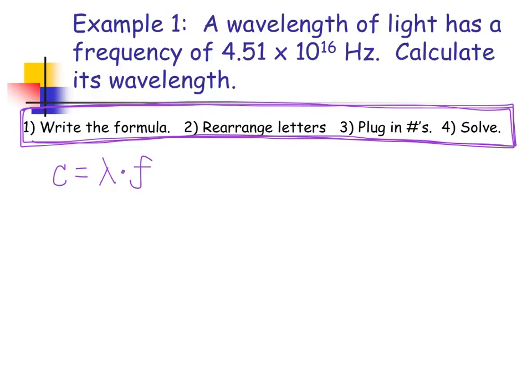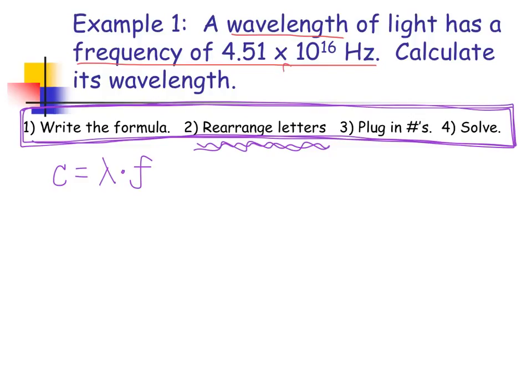Then, just like we practiced on the wave equation, we want you to rearrange the letters. Solve for the variable. Well, that requires me to actually read the problem. So here we go. Example 1 says a wavelength of light has a frequency of 4.51 times 10 to the 16th hertz. Whew, crazy number.